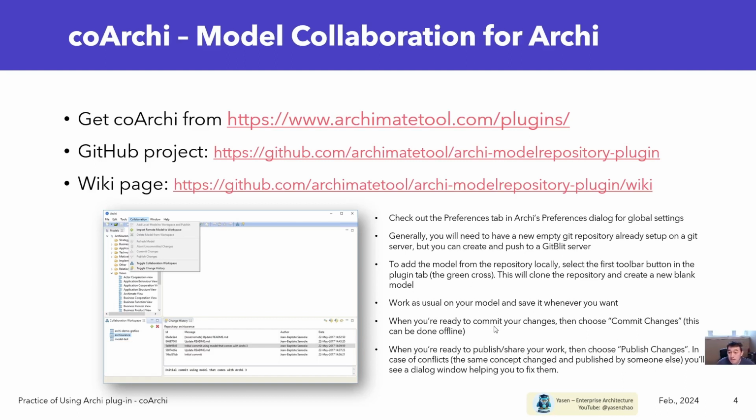Then commit, publish, merging and synchronizing are the normal Git activities. But when we use coArchi, because it packages certain Git features within the plugin, you need to be fully aware of what the unique features in coArchi are, and what the common things are that you can manage like normal Git.